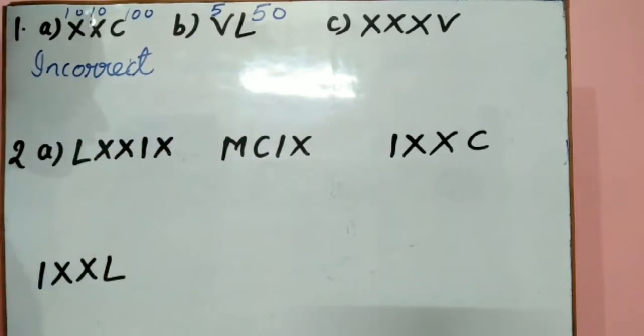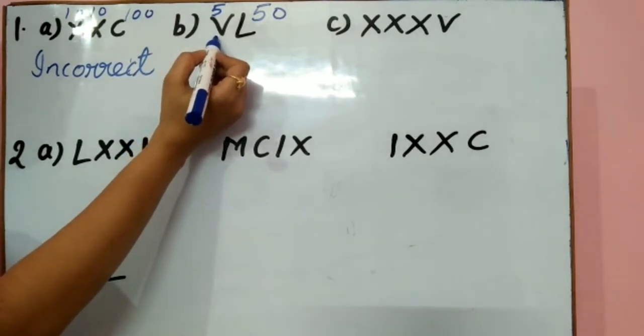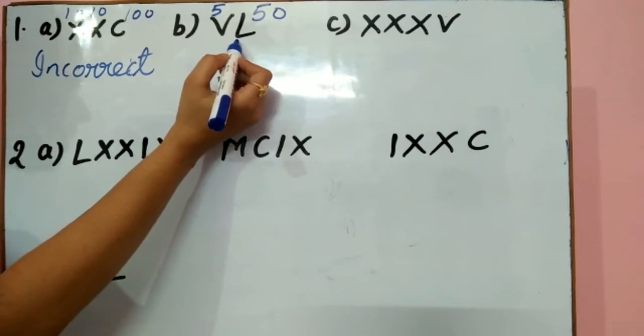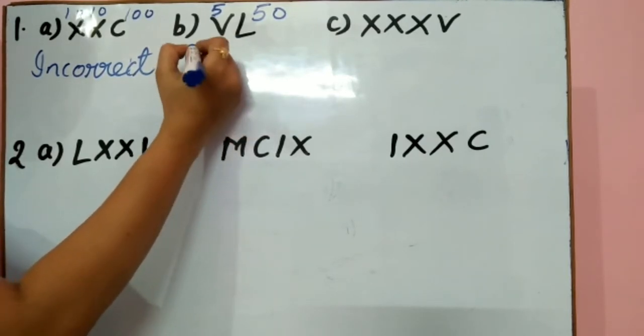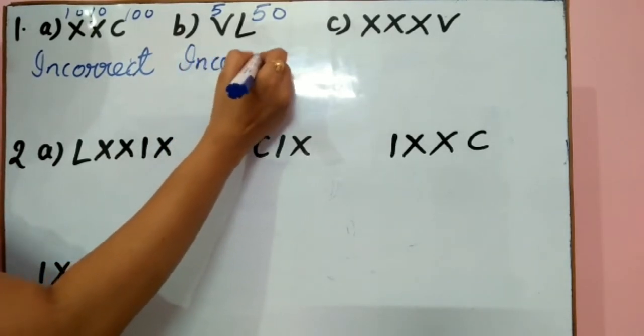But there is a sub-rule. What? That is, V, L and D are never subtracted. That's why it is incorrect.